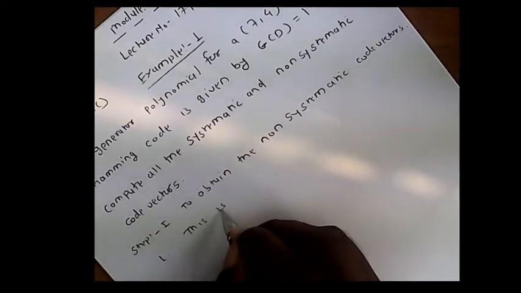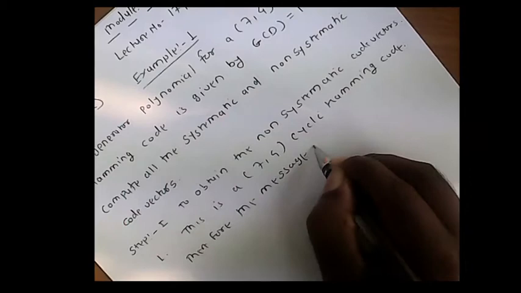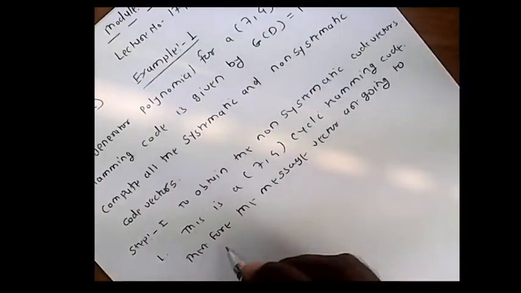So this is a (7,4) cyclic Hamming code, and therefore the message vector length is going to be 4 bits, meaning the message length is 4 bits long.